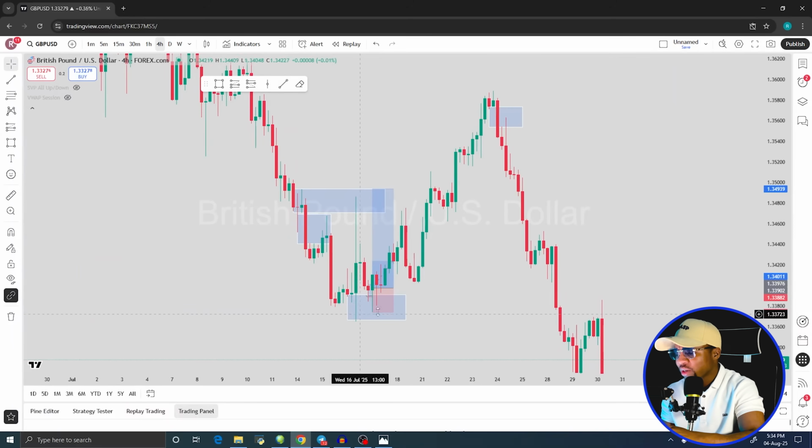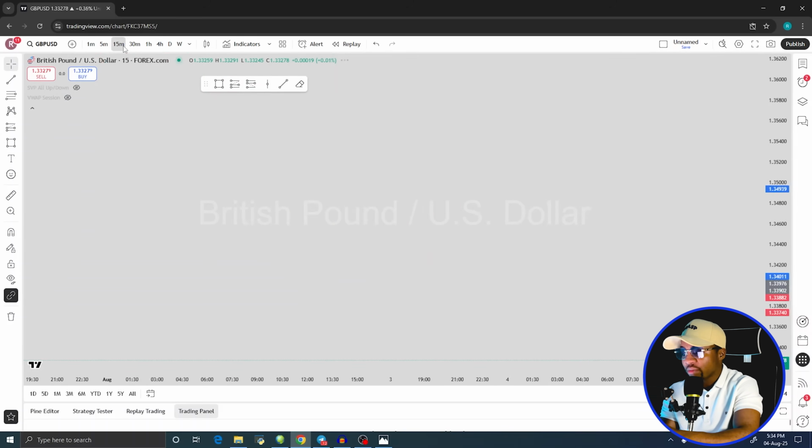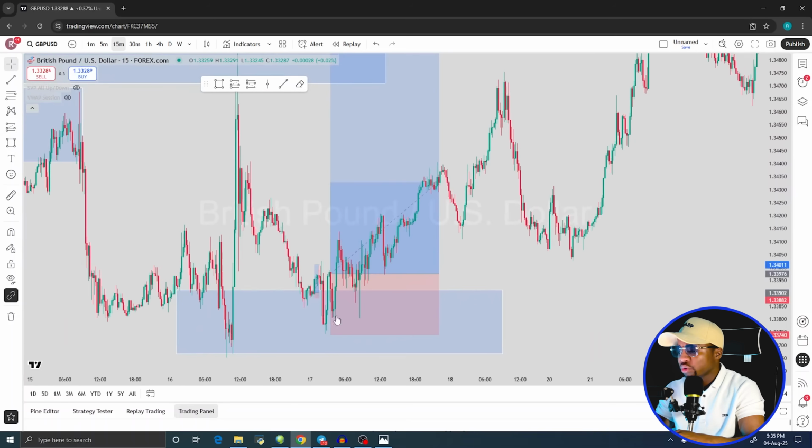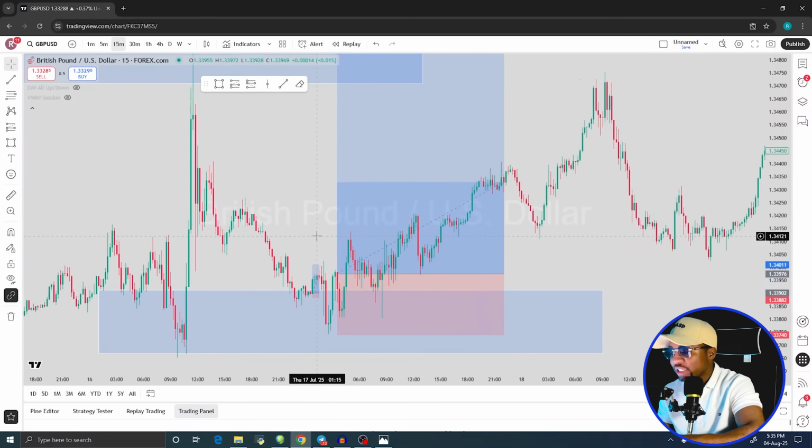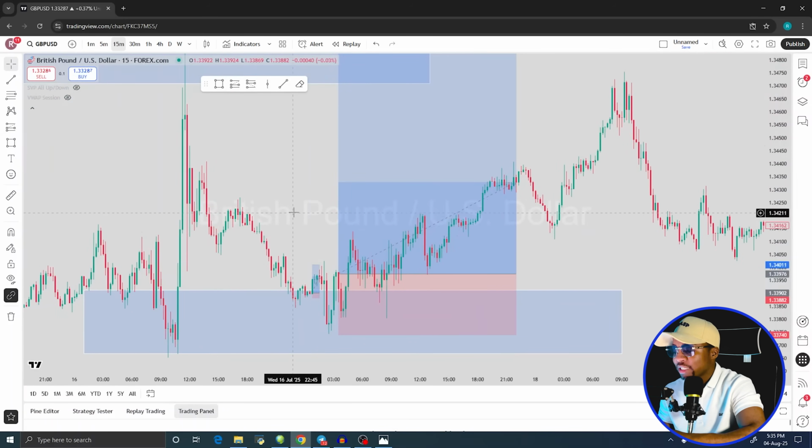So this one was on the 4-hour time frame, and we said if we move from the 4-hour time frame, we can go to the 1 hour or the 15-minute. But in this very example, we moved to the 15-minute. And then when you go to Sierra Chart, there's this time when price came and tapped into this level. You see, price came and tapped into this level the first time.